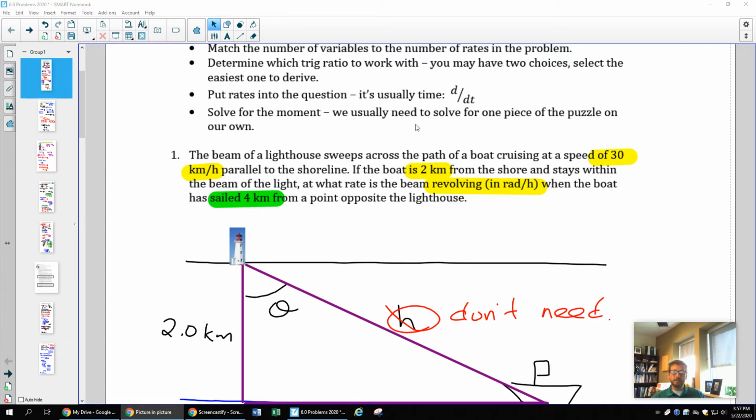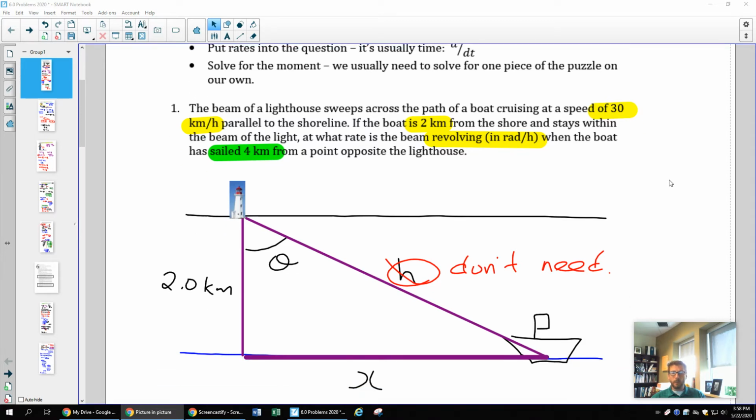And then, the same thing we did in the last chapter of problem solving, you solve for the moment in time. We have to be careful that you don't put that moment in time into your original diagram; you leave it for a second diagram. And quite often in these problems, you're not given all the information. You have to find one piece of the puzzle all by yourself.